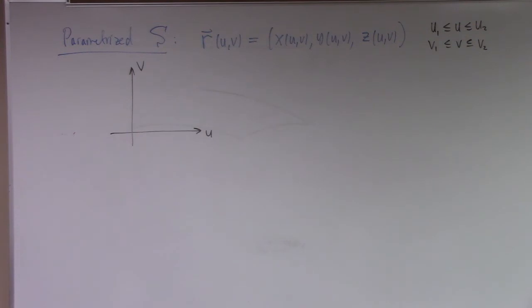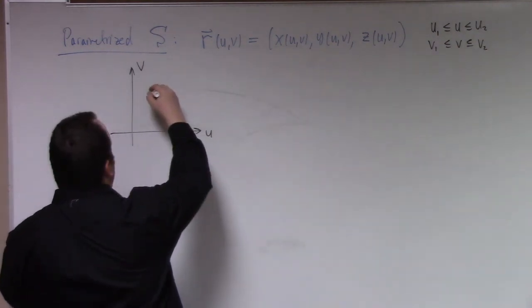Your parameters could be taken from something much weirder. This one has a rectangular domain. The u here is phi, and the v is theta. So u1 is 0, v1 is 0, u2 is pi, v2 is 2 pi, if we want to bridge the notational divide here.